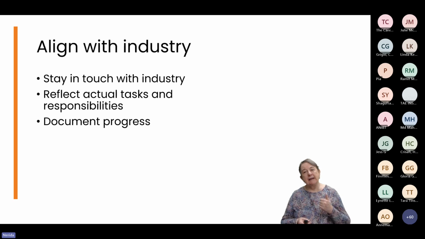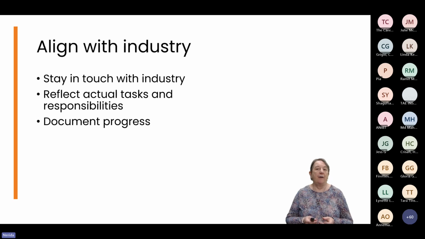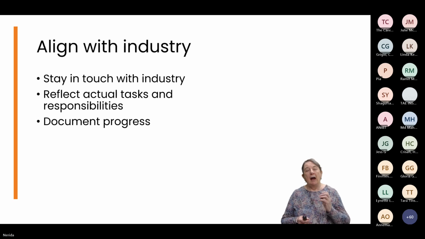We need to stay in touch with industry. This means regular chats with employers, site visits, advisory group meetings, whatever works. And we've got to keep checking. Are our learners learning the right stuff in the right way for the jobs that they want? Our assessment should reflect the real world.